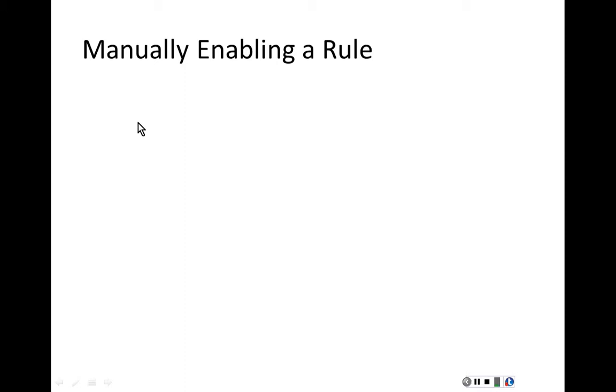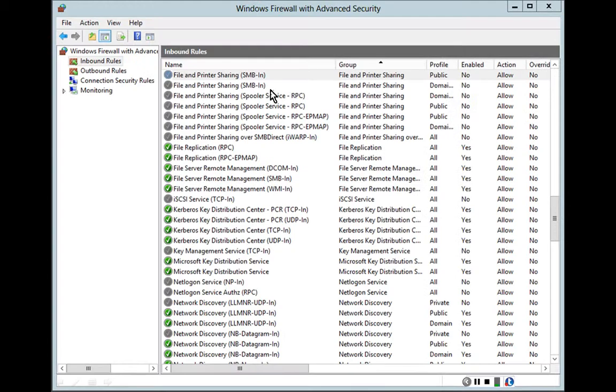Enabling rules. We've seen that you can enable firewall rules automatically and not even know that you're enabling it. You can also enable firewall rules manually. To manually enable a rule using the Windows Firewall with Advanced Security, notice we see the rules with the green circle next to them are currently enabled.